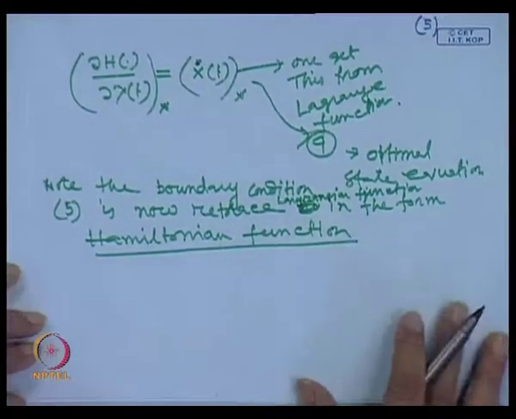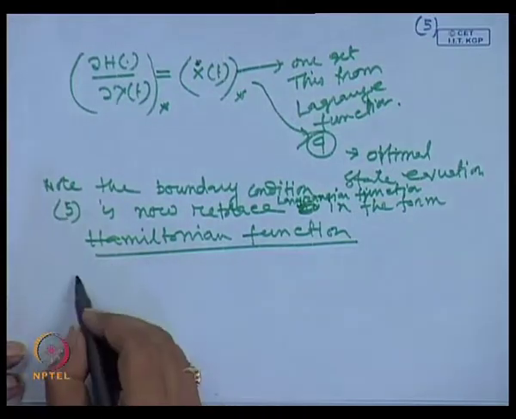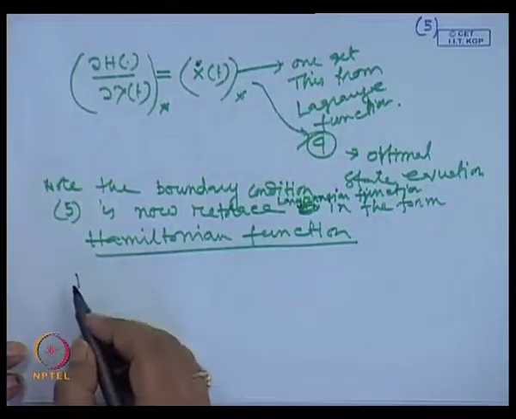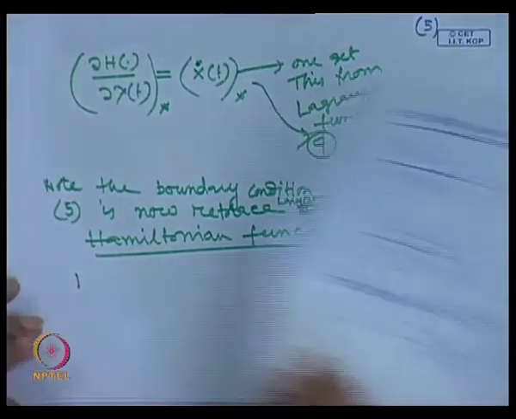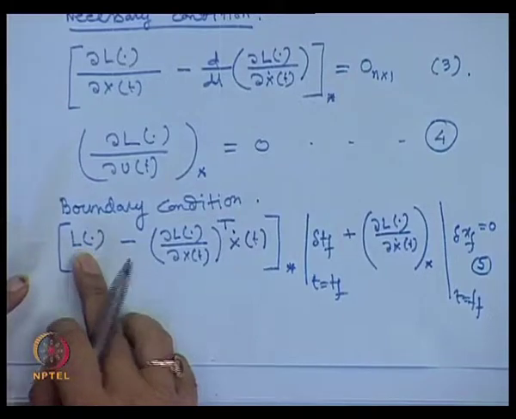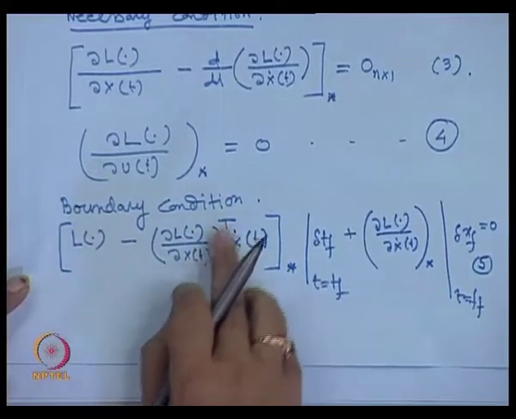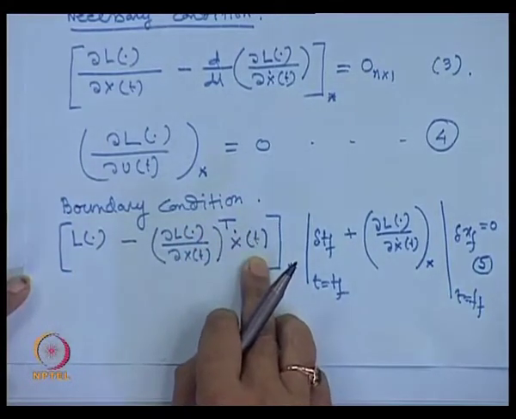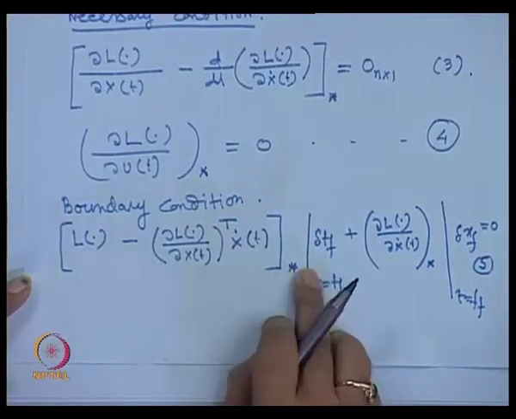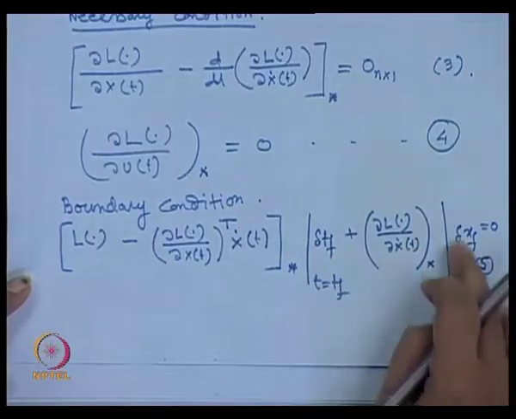If you replace this, first see what we will write for this one, L, from equation number 4. So this is H; you will get L minus the derivative of L with respect to x dot, whole transpose, times x dot, putting t equal to T f, and then del L del x dot at T f equals del f del x at T f.